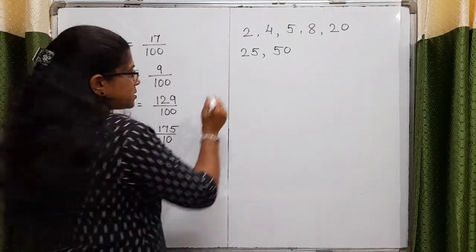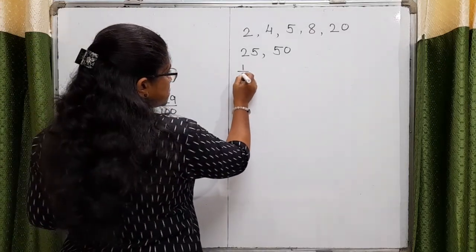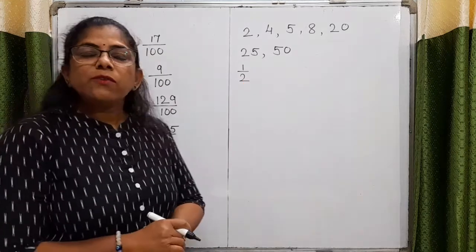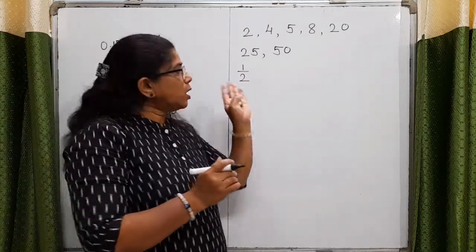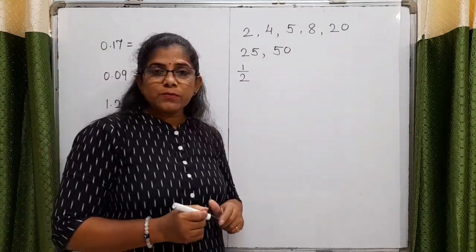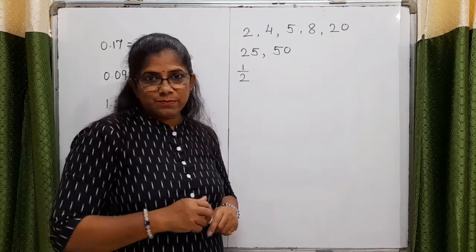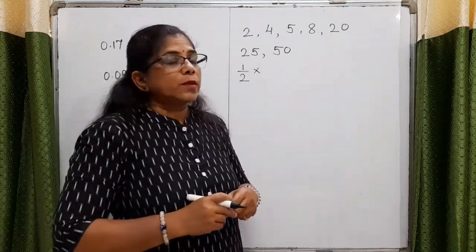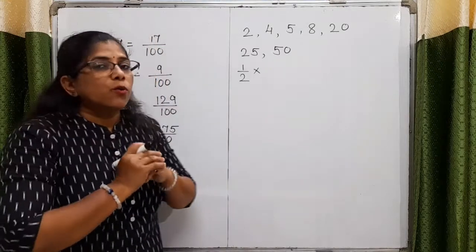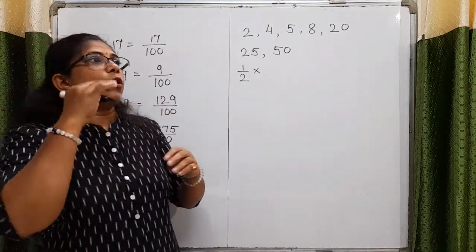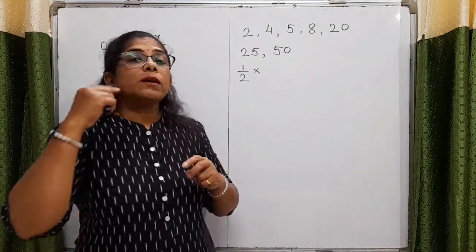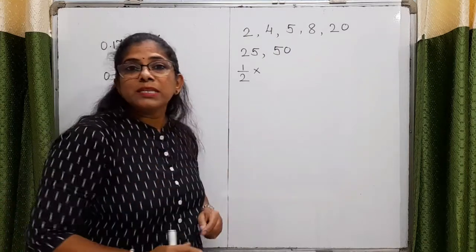Now one simple example. If the fraction is 1 upon 2, how can we make the denominator 10? 2 into 5 is 10. But we know the rule of fractions: we have to multiply or divide the numerator and denominator at a time by the same number.